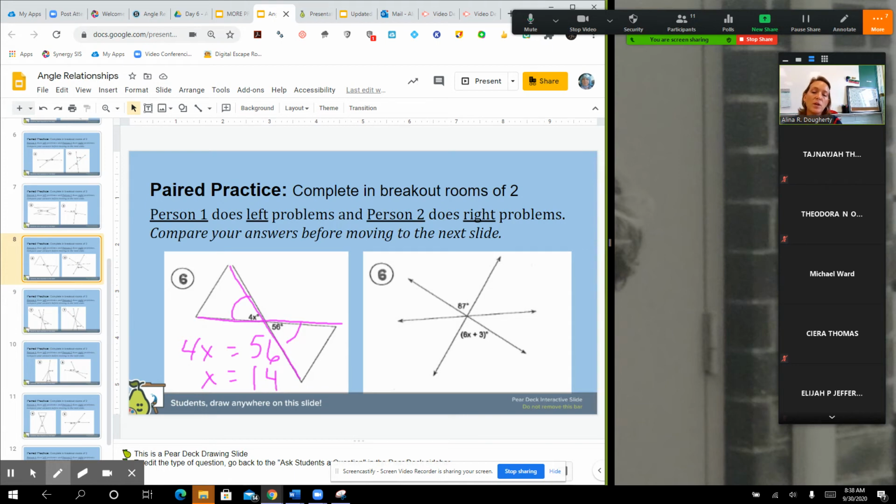Perfect. And over here, we should get the same thing if we do 6x plus 3 equals 87, and 6x equals 84, and that should be x equals 14 as well.